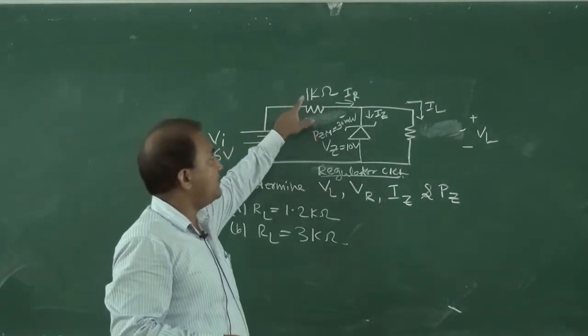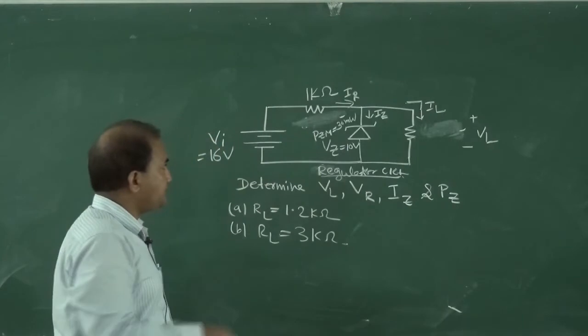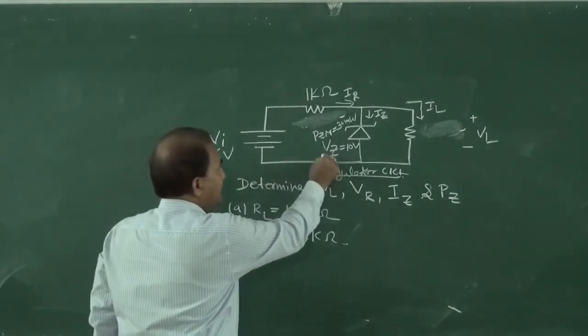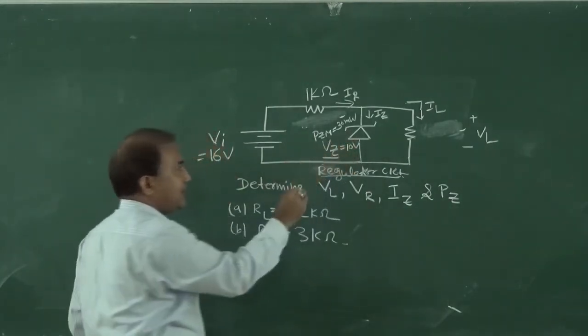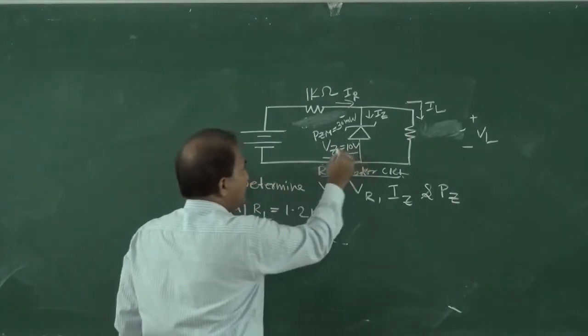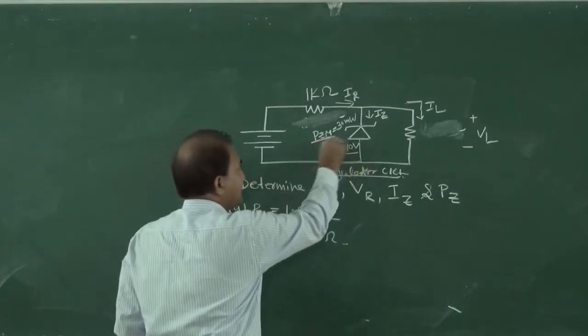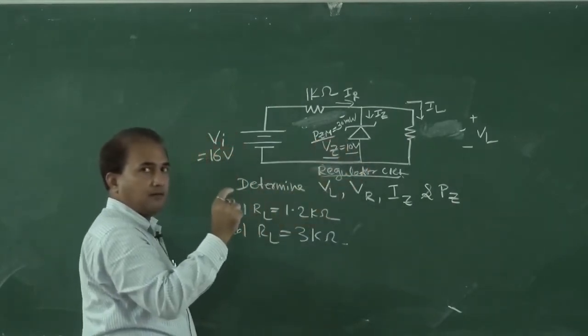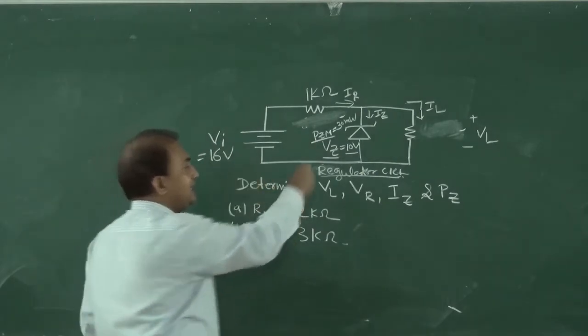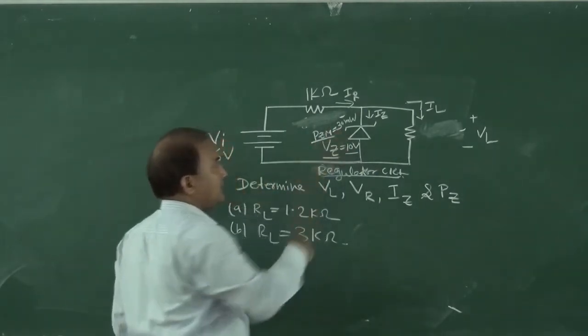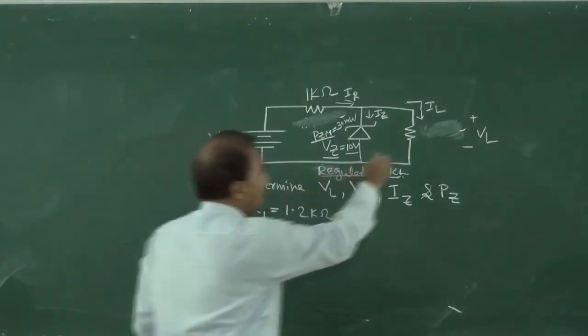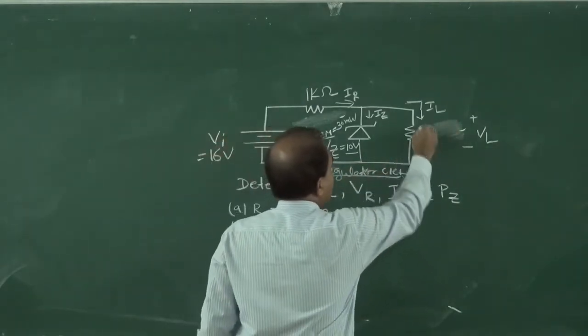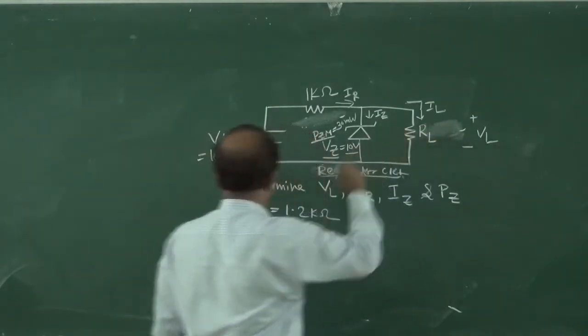Series resistance is 1 kilo ohm, and Vz of this Zener diode is 10 volt, and Pzm, the maximum power that it can withstand, is 30 milliwatt, and this is RL.